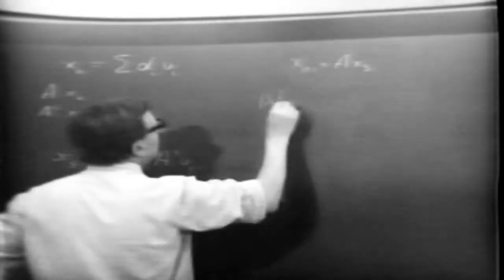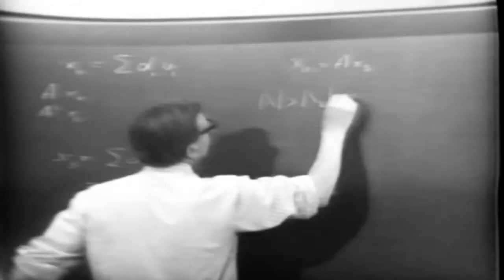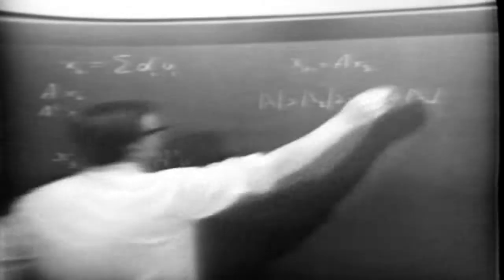then we will have that x_s is sigma alpha_i A^s v_i, which is sigma alpha_i lambda_i^s v_i. So supposing the eigenvalues are ordered in decreasing magnitudes, and let's assume for the moment that lambda_1 really is larger than all the others. The others may include some of equal modulus.